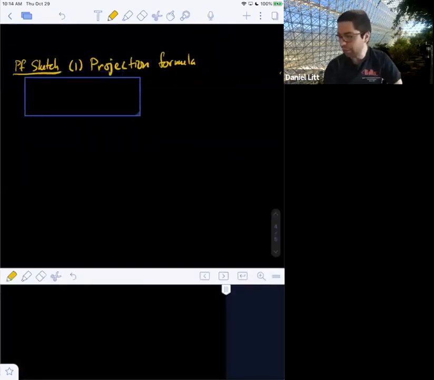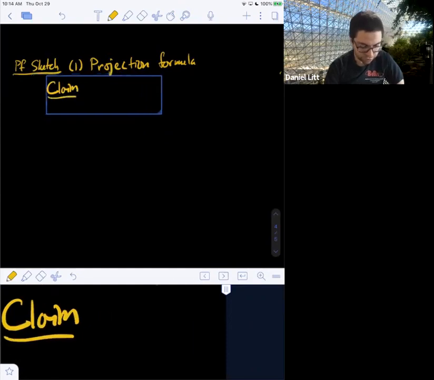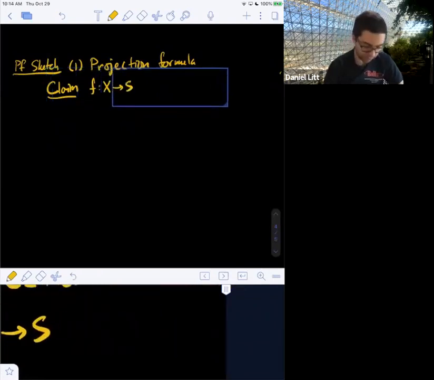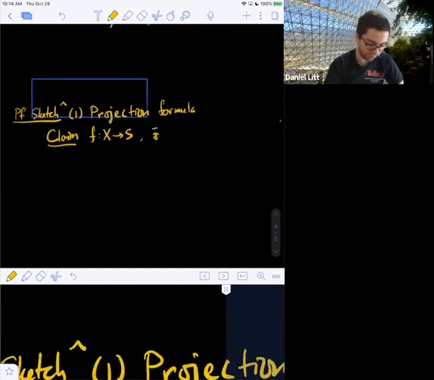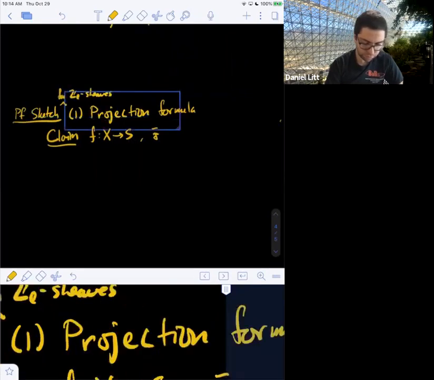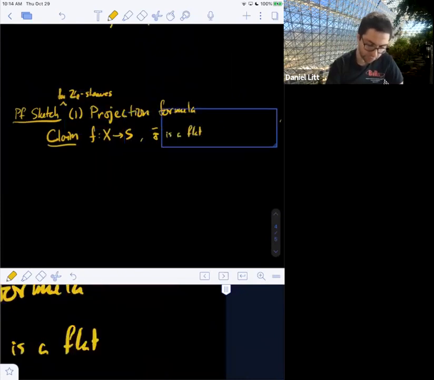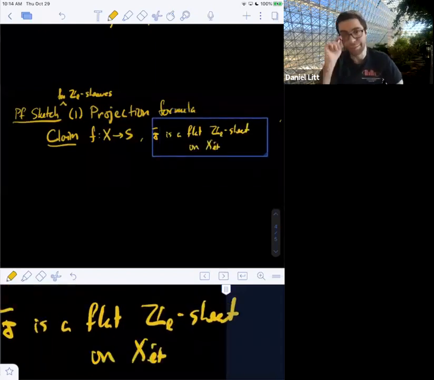So step 1 is the following claim, which we've already actually used a little bit implicitly, but I want to make it explicit. So suppose f from X to S is a map. I'm going to prove it for Z_L sheaves. So F is a flat Z_L sheaf on X étale, which again does not mean a sheaf on X étale.